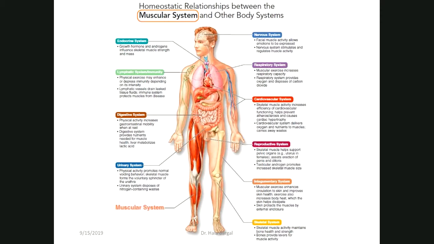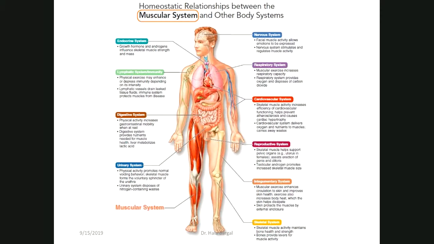The digestive system supplies the muscles with all the food requirements and with all the vitamins required for the growth of the muscle or its normal working. Then the urinary system is responsible for excretion of all the waste resulting from muscular contraction.